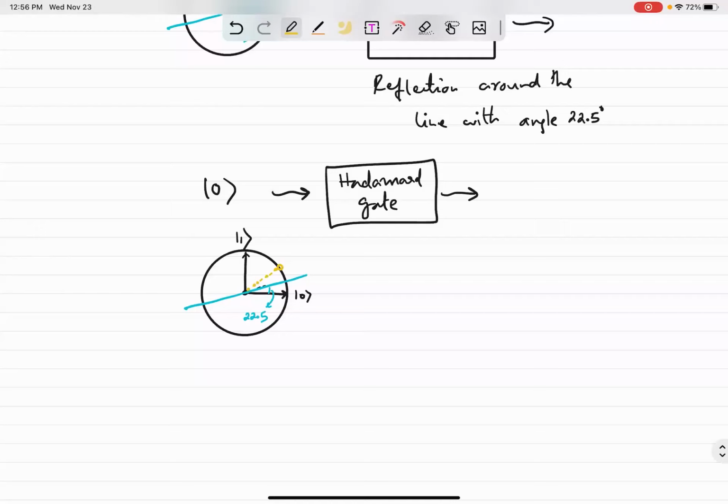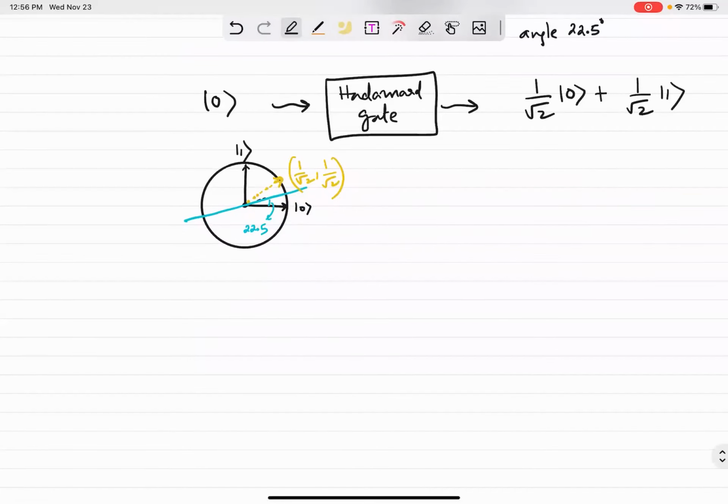So you end up with 45 degrees, which is 1/√2, 1/√2. Okay, so you get the point 1/√2 times 0 plus 1/√2 times 1. Okay, and we'll talk about this Hadamard gate mathematically in the next class, like what is the way to represent it? It's really a linear transformation, so it corresponds to a matrix and so on. But we don't need that for the time being.